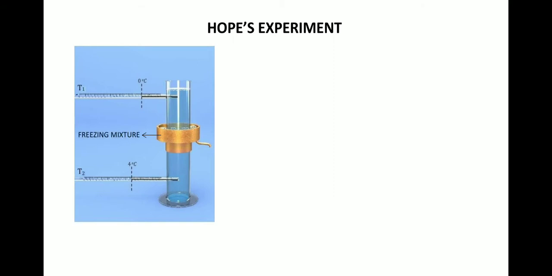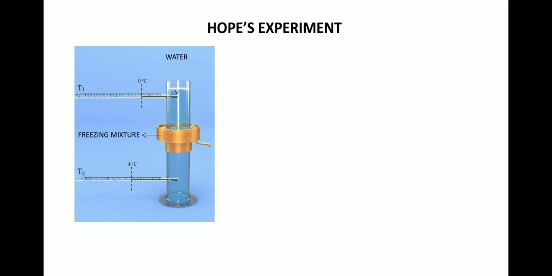The freezing mixture of ice and salt is placed out here so that it can produce some low temperatures. And from the top, the water is put down, and this water, which will pass through the cylinder after getting cooled down by the freezing mixture, reaches down at the bottom of the apparatus.